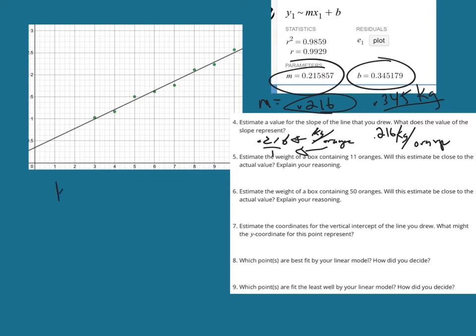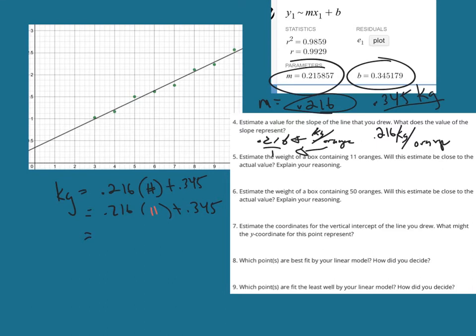So again, we have our weight in kilograms is 0.216 times the number of oranges plus 0.345. So all we do is plug the number of oranges into our function and then evaluate. So they said, well, hey, how about when this is 11? What does the weight become? So no problem.